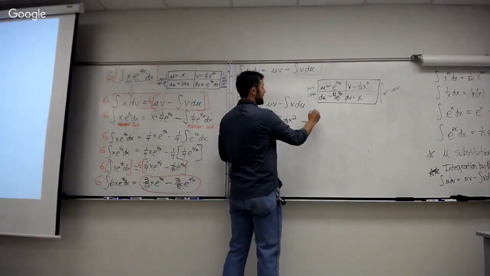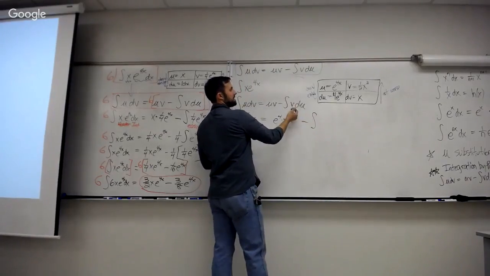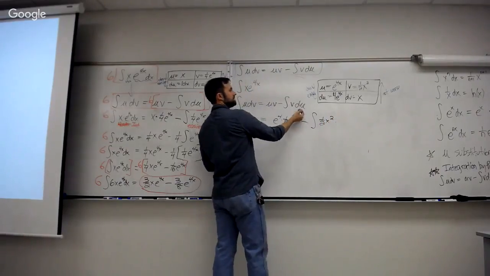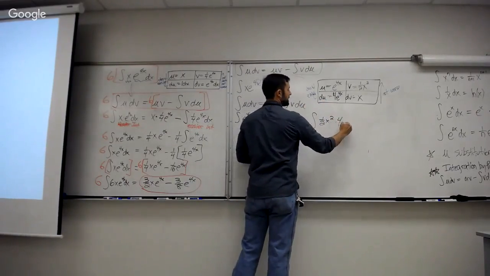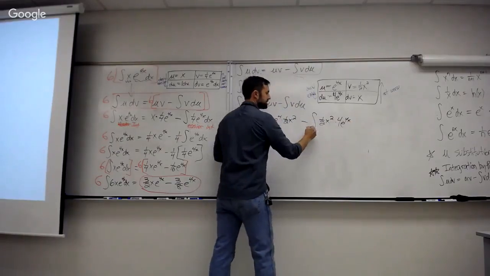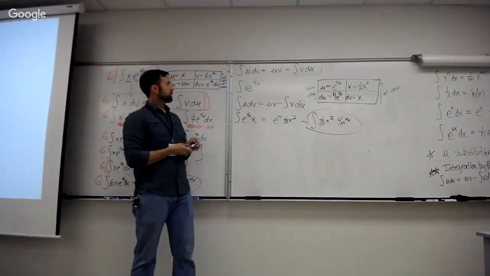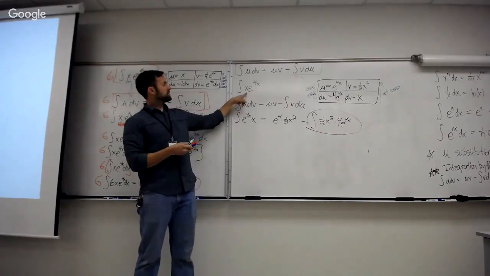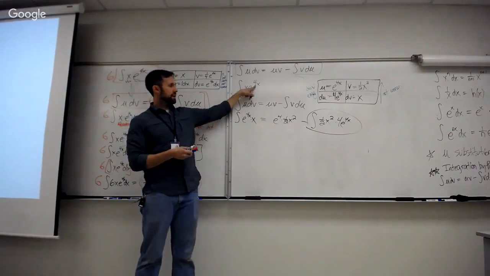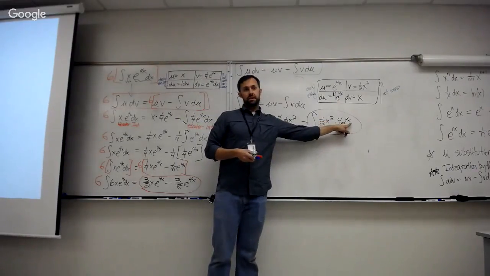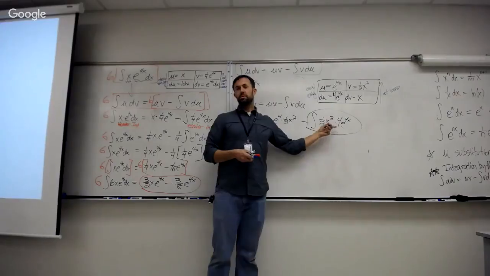But look now what I have in the integral. Now in the integral, I have v, which is 1/2 x squared, times du, which is 4 e to the 4x. Look at this integral. It's definitely worse. It's worse than the original. The original was merely x e to the 4x. Now I have x squared e to the 4x. This derivative is worse. It's more complicated.